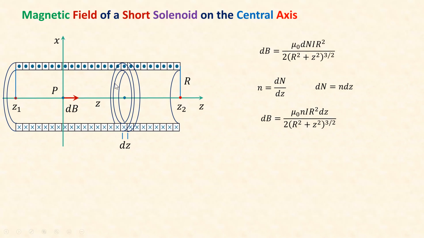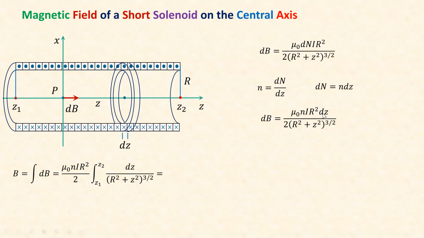And this is the magnetic field created by this piece. And now we can integrate over the whole thing to find the total field. We need to integrate over z, from z1 to z2. So B is the integral of dB, meaning the integral from z1 to z2 of whatever is a function of z here. All the constants are taken out of the integral, mu naught n I r squared over 2.